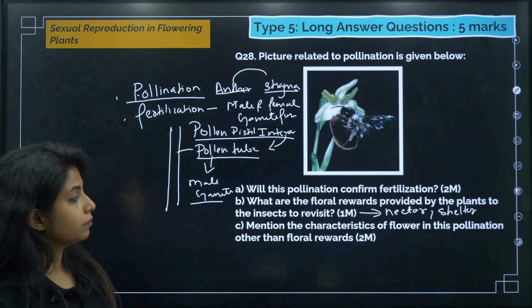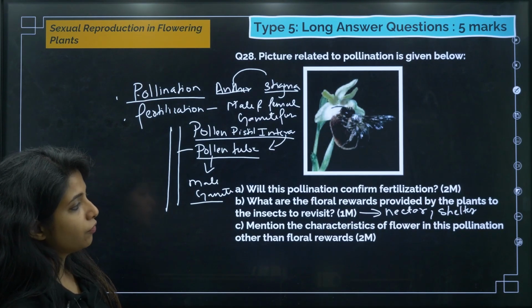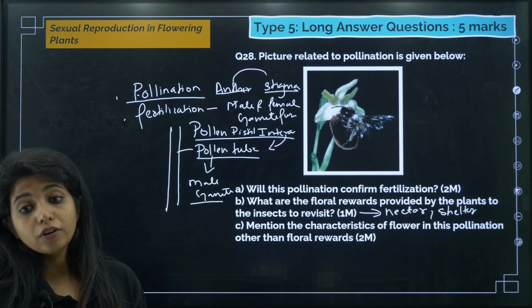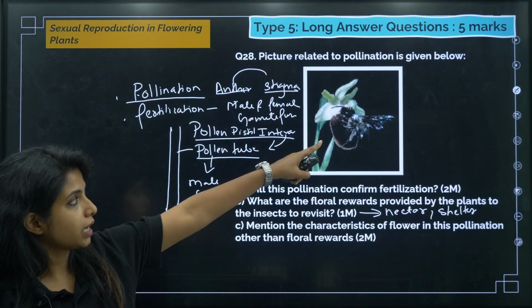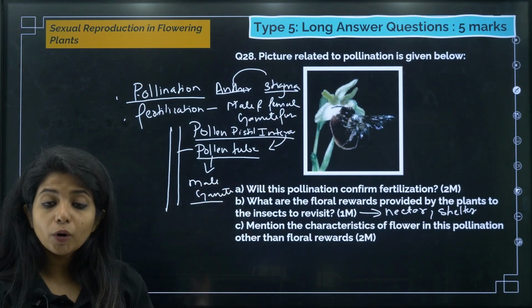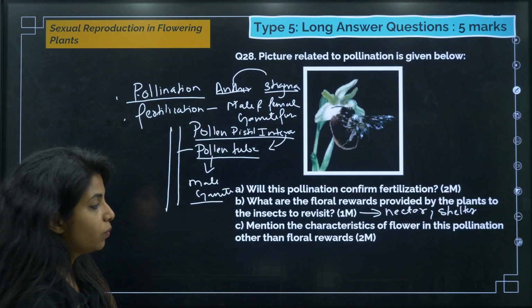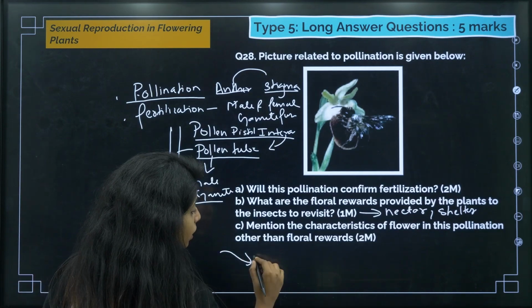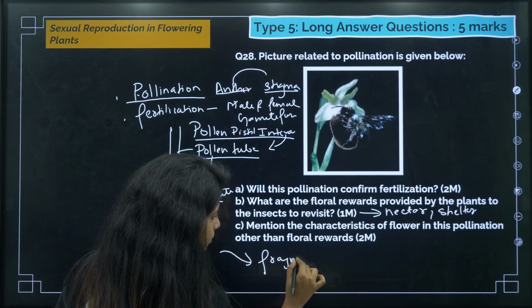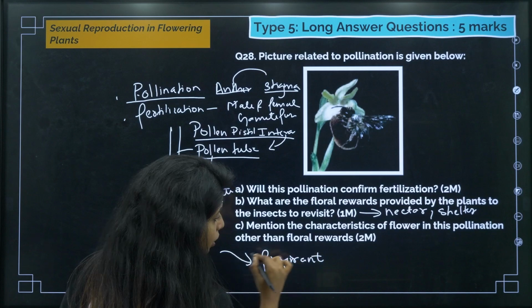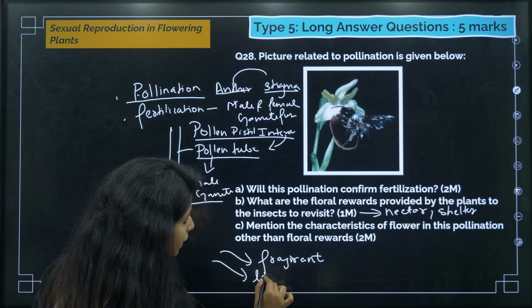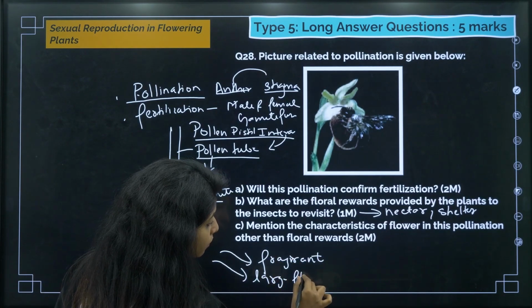Okay. Next, mention the characteristics of a flower in this pollination other than the floral rewards. So you know this is an insect, this is a flower. So obviously insect pollinated flowers have their own features. What are those? They should be fragrant. They should have large flowers so that they will be visible.